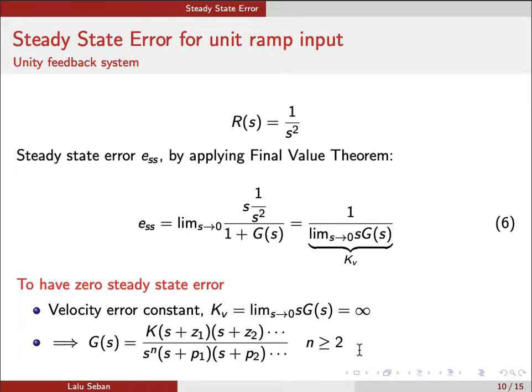But for n equal to 2, 3, 4, we are going to get the denominator part as infinity. So concluding this particular slide, for unit ramp input, the steady state error will be 0 if the system G of s is having 2 or more poles at origin.